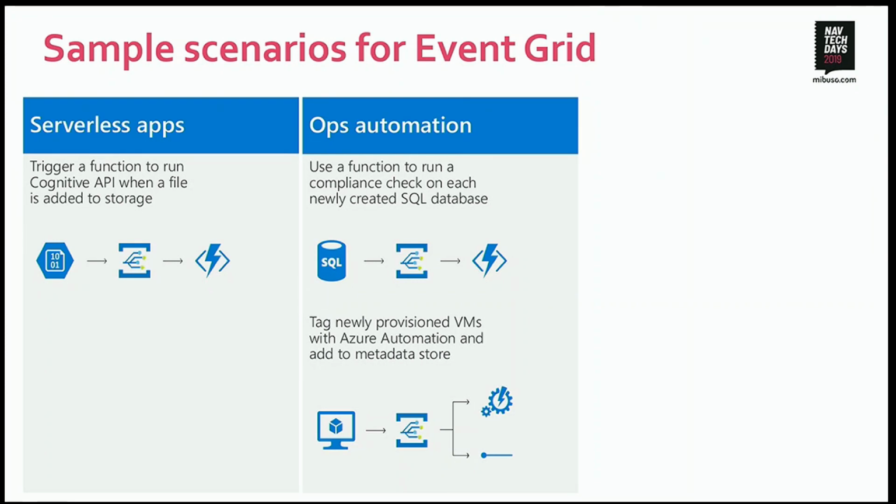It pushes the data set into Event Grid, the Azure Function triggers, and it checks that all the database properties are set correctly. The other thing is a virtual machine being provisioned, so all the tags and all the configurations are corrected. You can do all these things.